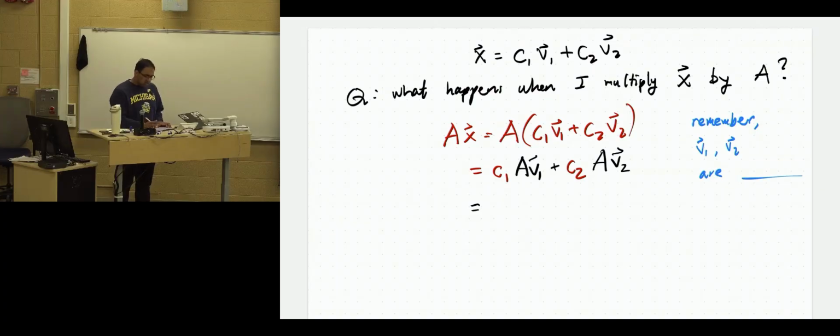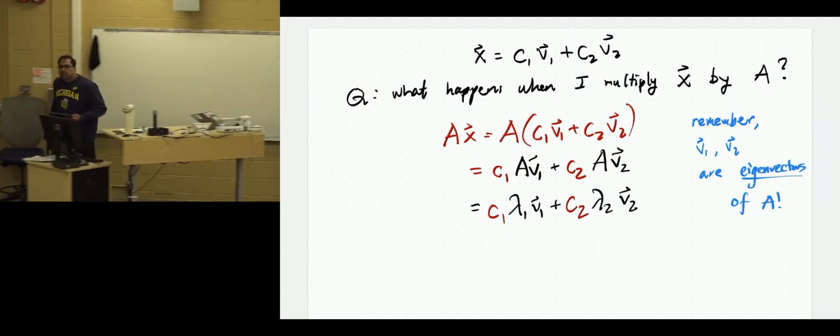Yeah. Just replace A with the corresponding eigenvalue. Exactly. V1 and V2 are eigenvectors of A. And their eigenvalues were lambda 1 and lambda 2. So why don't I write this as C1 lambda 1 V1 plus C2 lambda 2 V2.